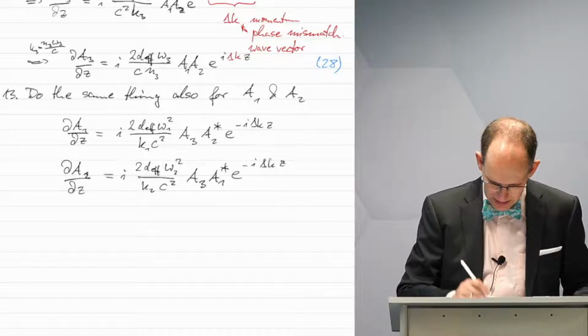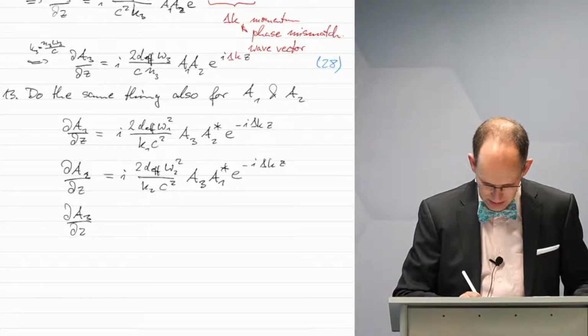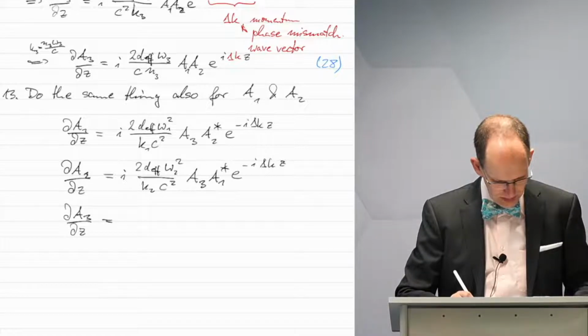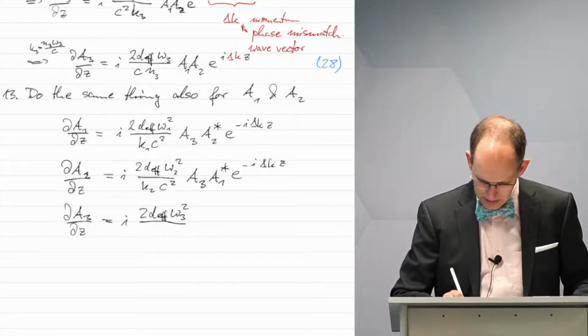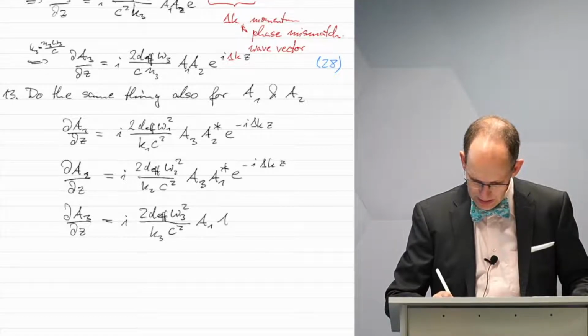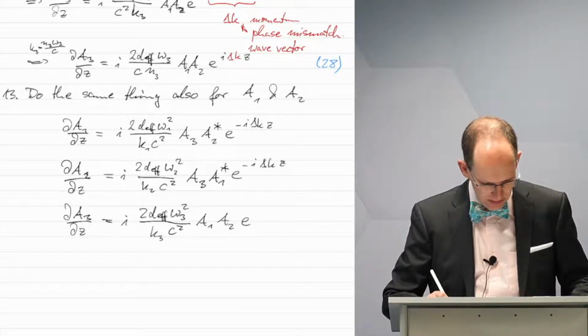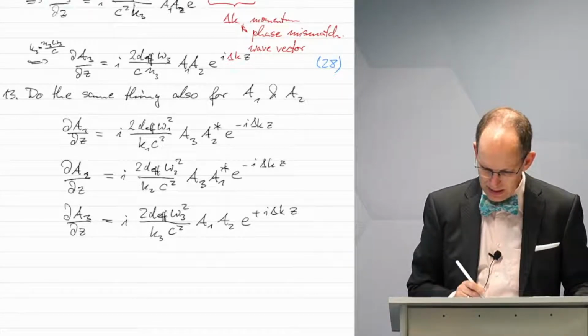And the one that we derived, I just write it here in order to make it complete. So we have here the effective nonlinearity again, k3 c squared, A1 times A2 times e to the plus i delta k times z. Right?